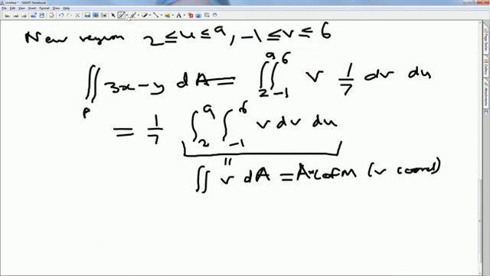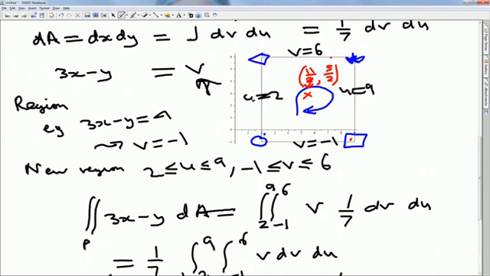And so what I can say in this case then is that my original integral is equal to the 1/7 from before, times the area. Well, it's a rectangle, so the area is pretty easy. 9 minus 2 gives you a length of 7 in this direction, and 6 minus -1 gives you 7 this way. So it's actually a square, as a matter of fact.